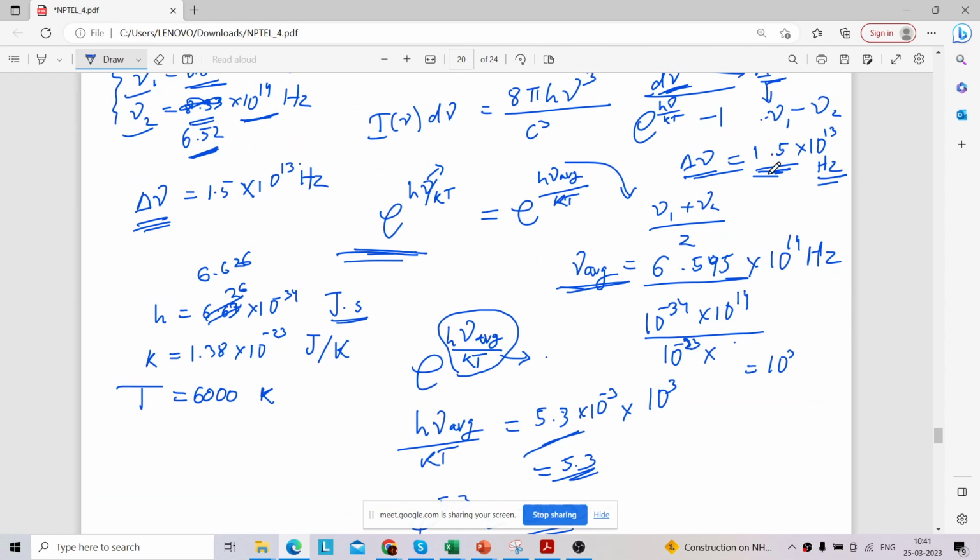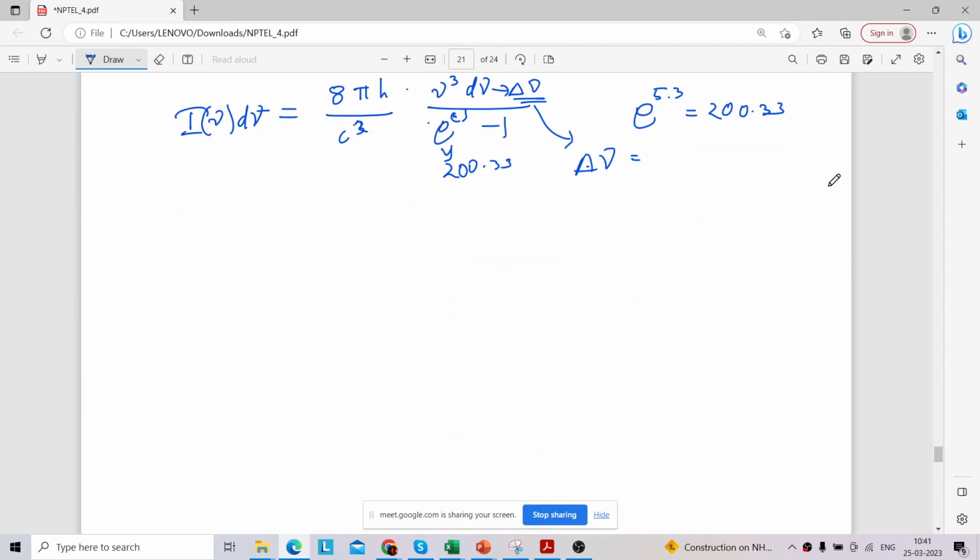And what is this delta nu? I have 1.5 times 10 to the power 13 hertz. Here I have nu cube, so which value do I take?